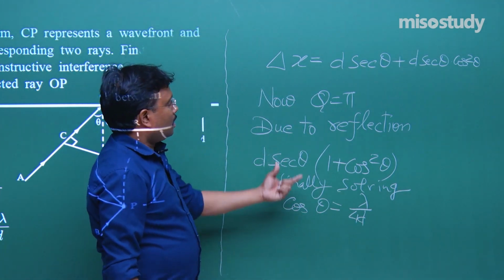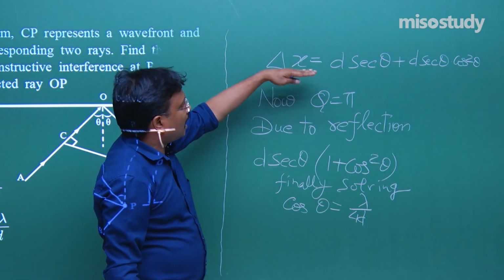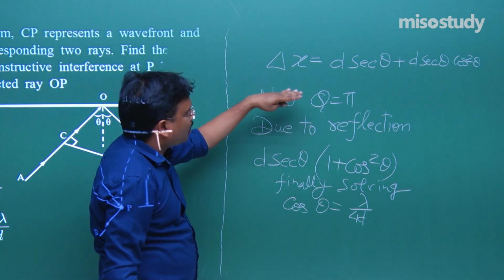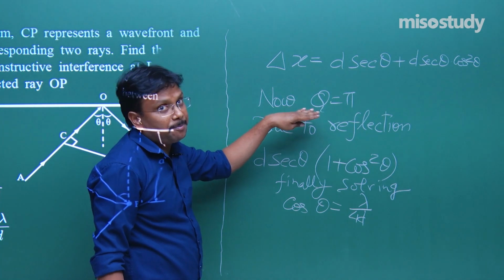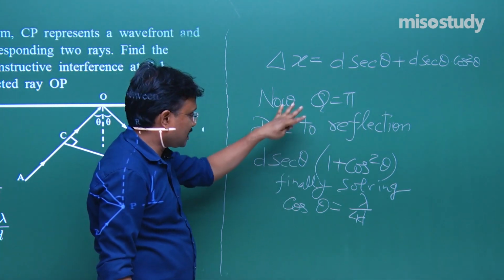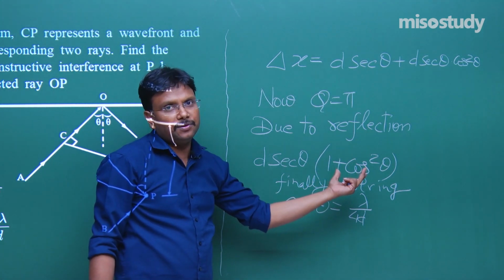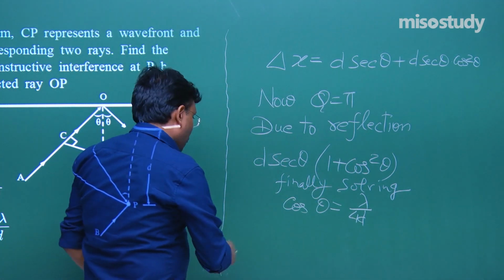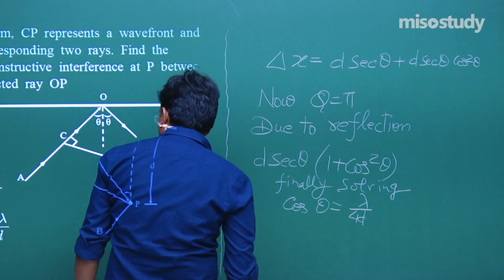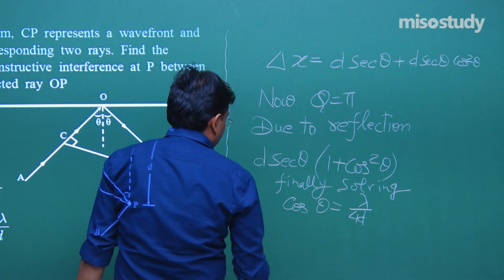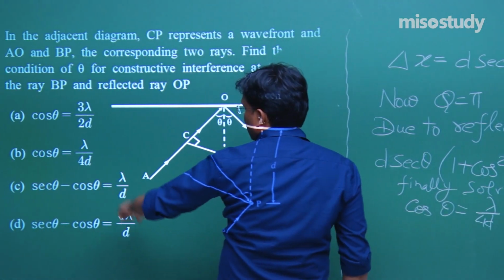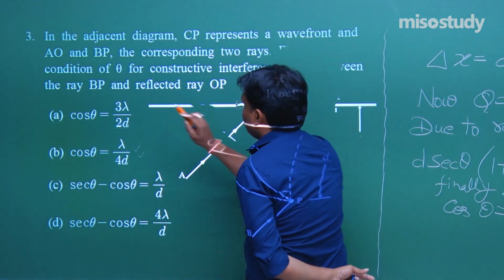I think I explained all required values and steps properly. You just have to work out. Here I am not doing anything because I know you can easily write down these values. So now let me find out which one is the correct option. So cos theta is equal to lambda by 4d, it is the correct option.